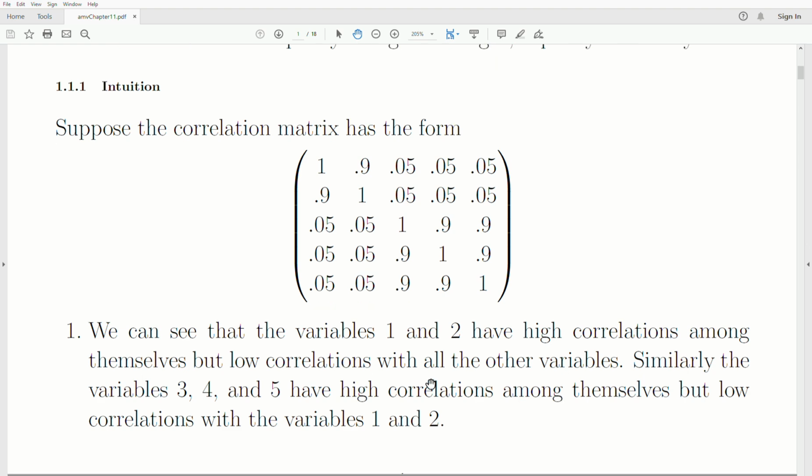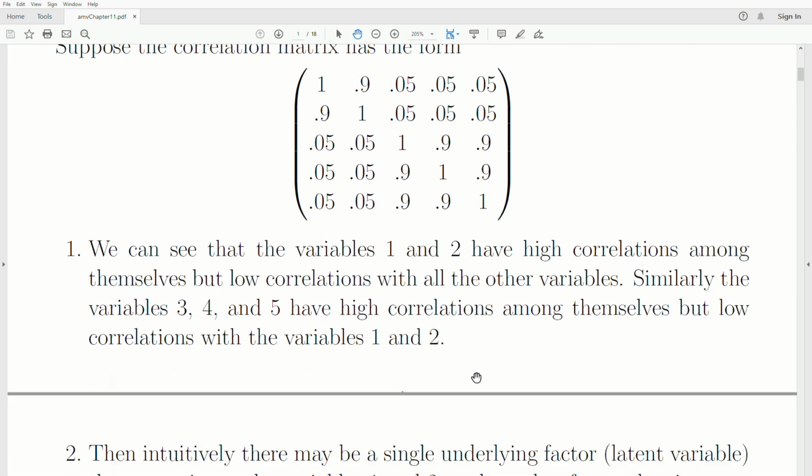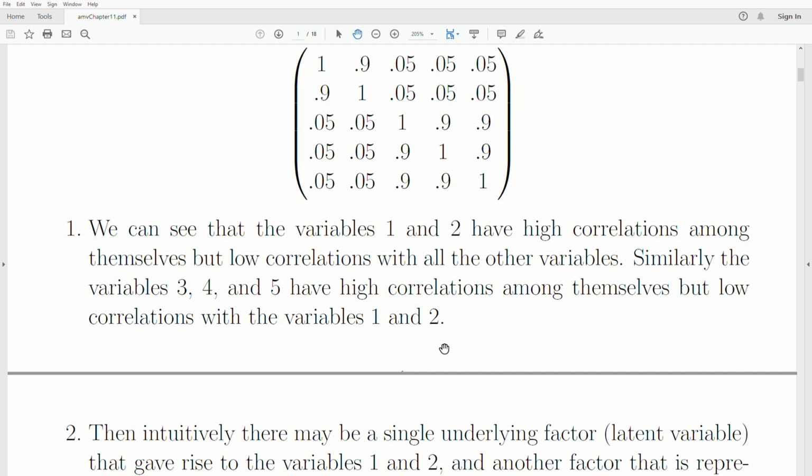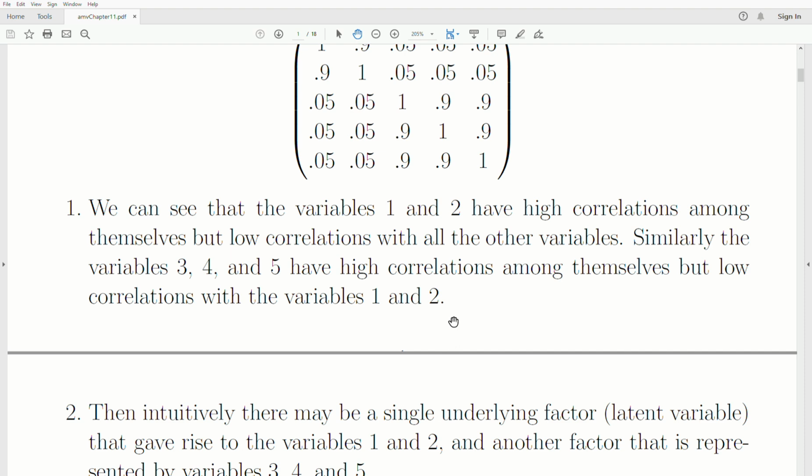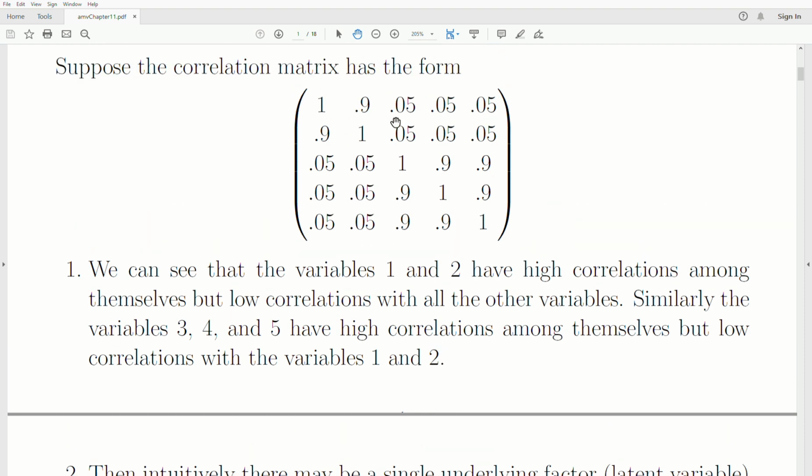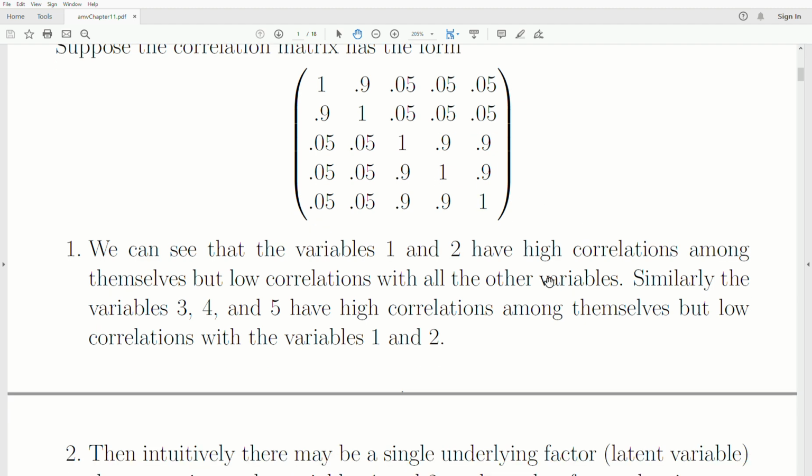And so it seems pretty intuitive that there are 2 underlying factors here, called latent variables, that give rise to variables 1 and 2, and then another factor that is representative of variables 3, 4, and 5. So we'll combine these 2 variables into one factor and these 3 variables into another factor, and then we'll represent our data in that fashion.